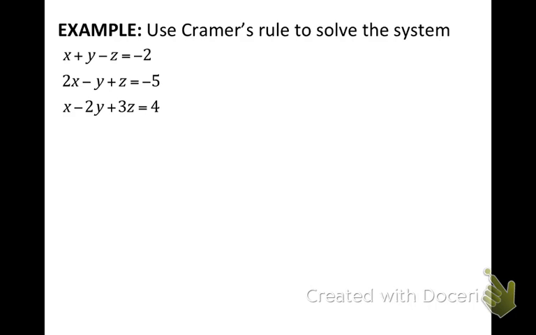To find a determinant of a 3 by 3, what do we do? Rewrite the first two rows, trying to keep yourself nice and aligned. Work through that, see what you get.